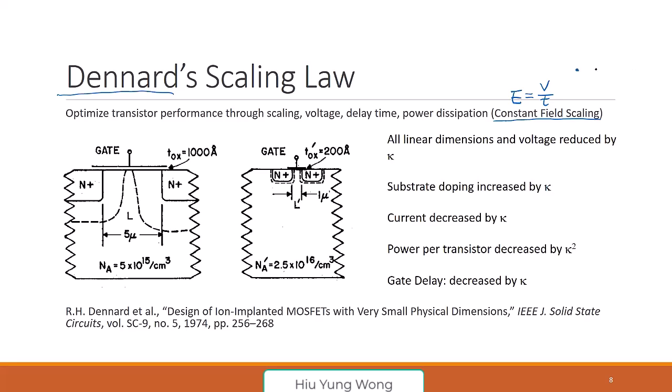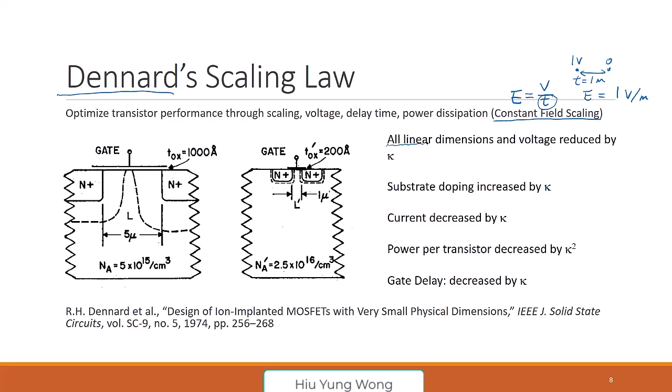So if I have an electric potential here, let's say this is 1 volt, this is 0 volt, and this is 1 meter, then the electric field is just equal to 1 volt per meter, okay? Now he said that I want to scale it. Of course, you need to reduce the thickness, T. Then how should I scale the voltage? I should scale it by the same amount, right?